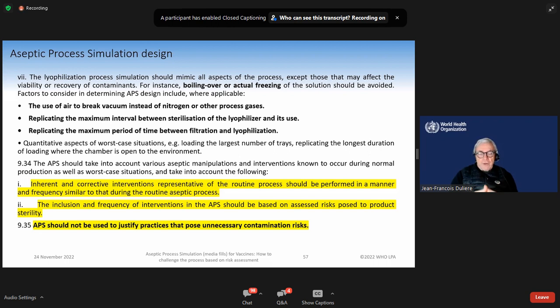Then you will have to carry out this action during your aseptic process simulation. For instance, sampling for in-process control, sampling for QC during the production, and other points like that.